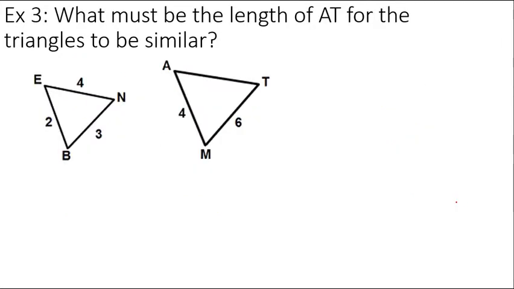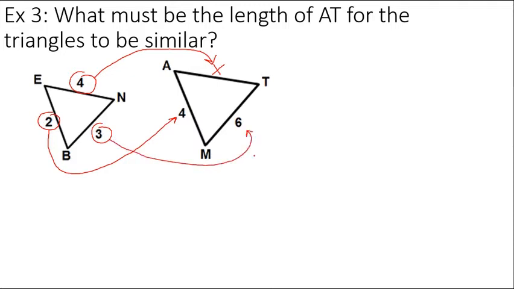Example 3 says what must be the length of AT for the figures to be similar. So AT right here is missing, so I'm going to call that X. Here I know that 4 goes with the X, which means that this 2 goes with the 4, and this 3 corresponds with the 6.